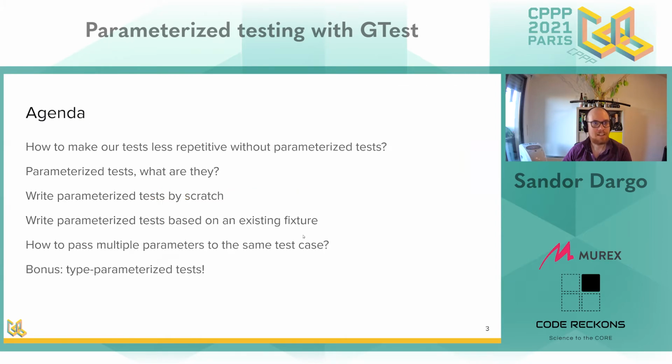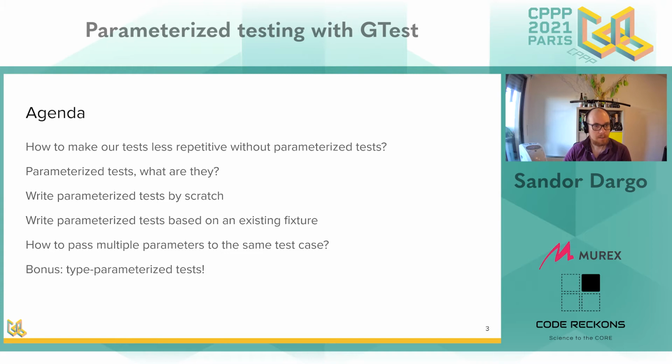So let's have a look at the agenda. First, we'll discuss how we can make our tests less repetitive without parameterized tests, because, well, as you will see, it's not a silver bullet, it's not the only solution. Then you're going to see what are parameterized tests and how we can write them from scratch, or how we can write them on top of an existing test fixture.